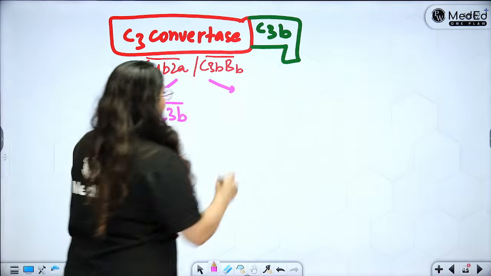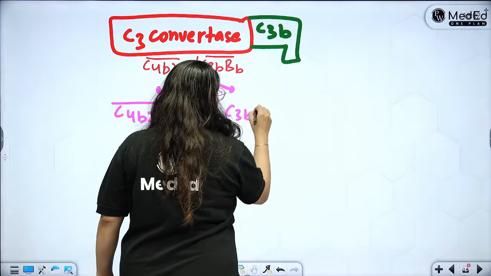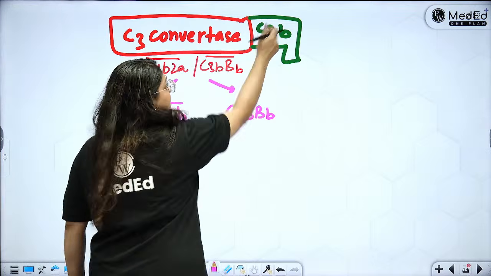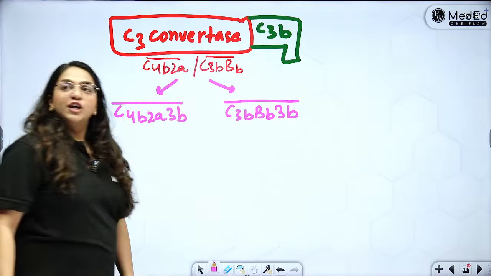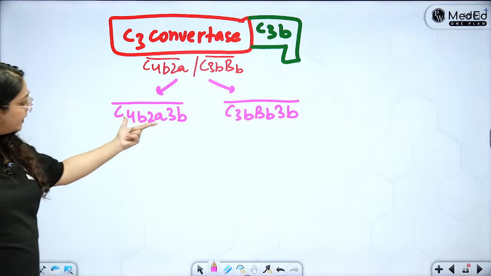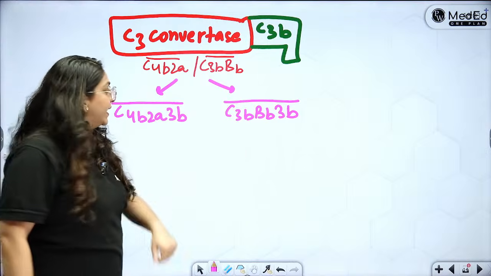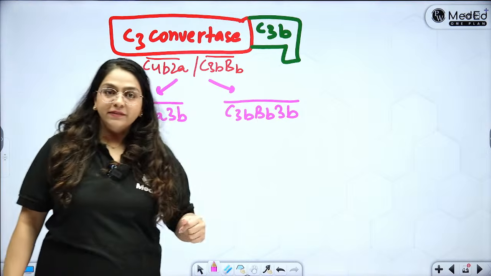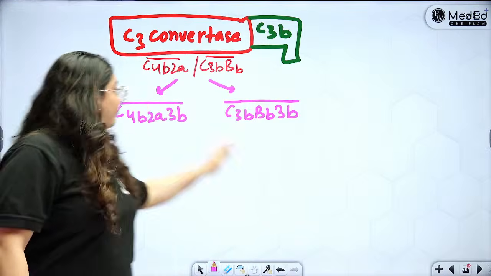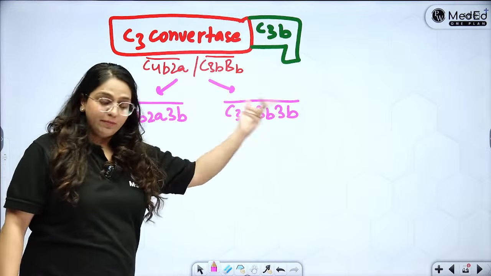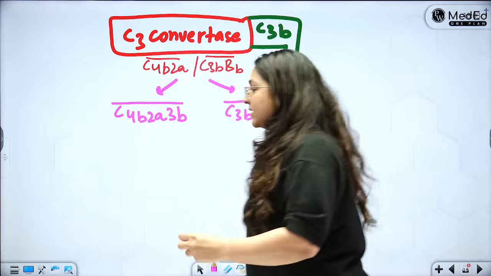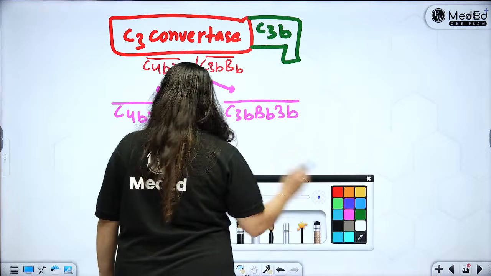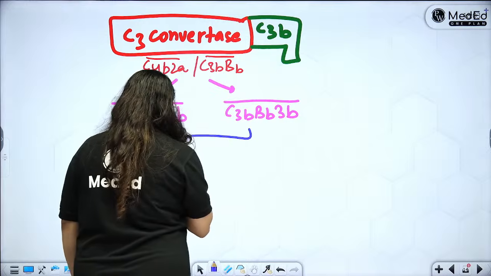If the C3 convertase is C3bBb and 3b comes and binds, it becomes C3bBb3b. So the formula can be C4b2a3b or C3bBb3b. These are your C5 convertase. This is what you call the C5 convertase.